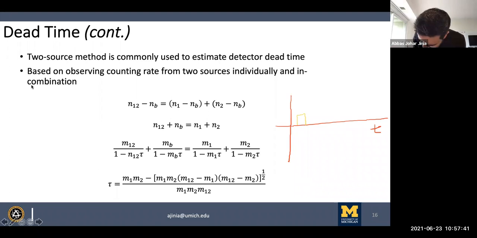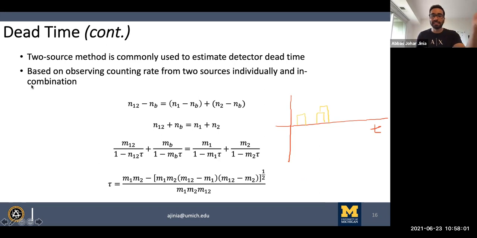But now a second radiation comes in, and before the first was completely processed, another radiation came in. Now, these two radiations will be detected as one radiation because they arrived within the delta T.